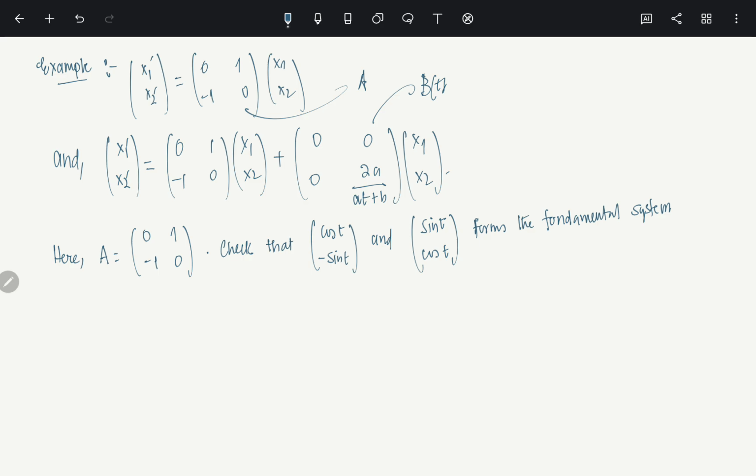These two give you the fundamental matrix, right? Yes. I hope this is okay.